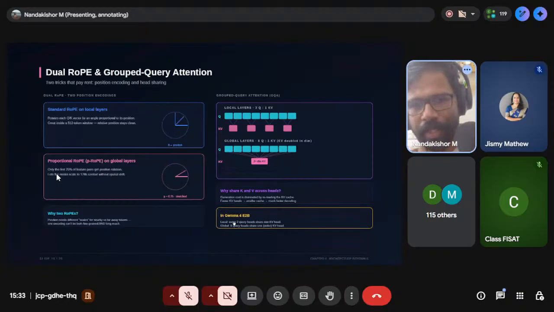In the Gemma 4 case, for local, every 2 query heads share 1 KV head, and globally, 8 query heads share 1 wider KV head. So this is the whole architecture of the group query attention mechanism. For local layers we take this logic, for global layers we take that logic. So this is for the calculation part.